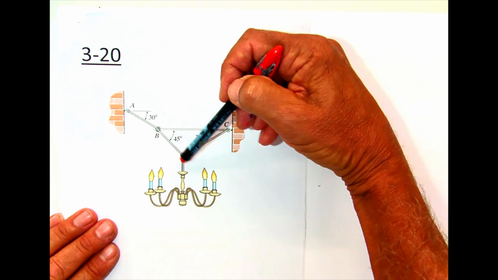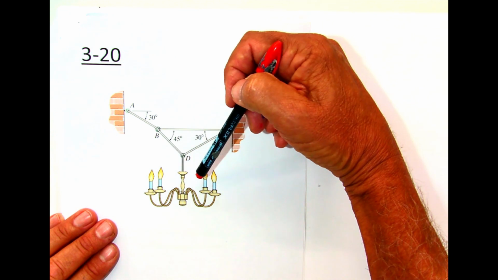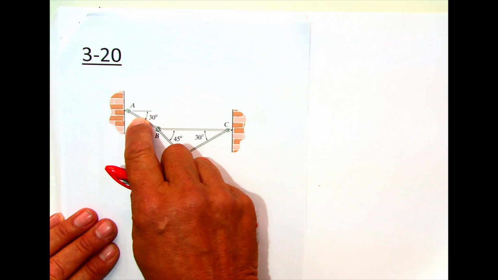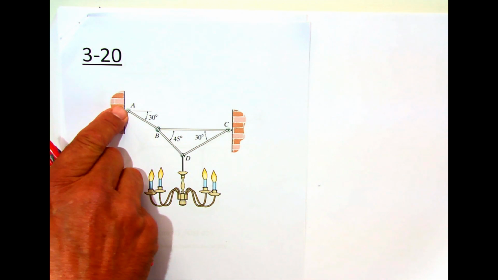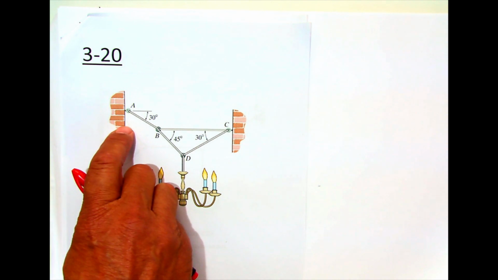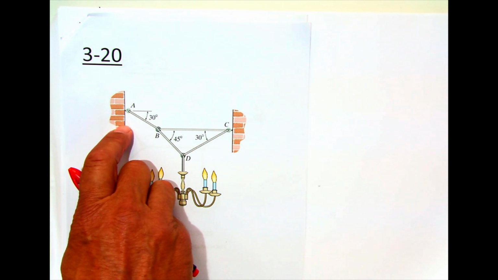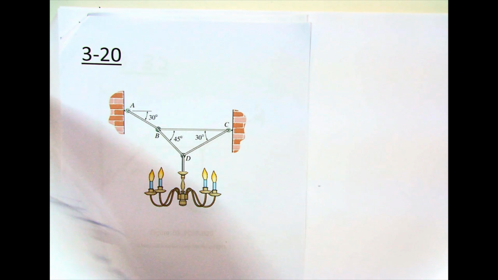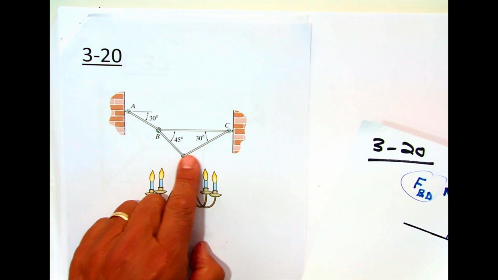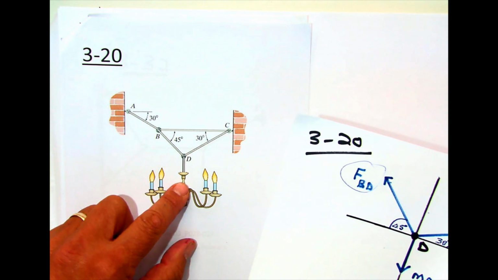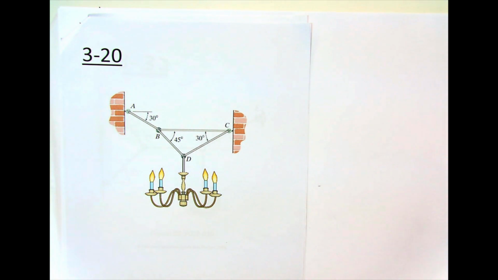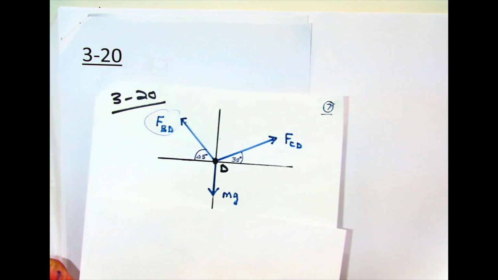But the magnitude of the force is exactly the same. Same at B, the force acting in that direction, pulling B in that direction, is the same as that force acting at A in that direction. Okay, so what I did was look at D. You have this force, and this weight here. So, you get the following picture.